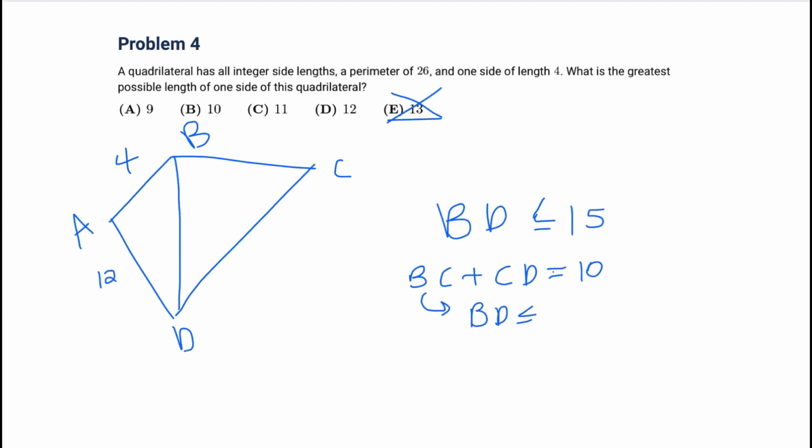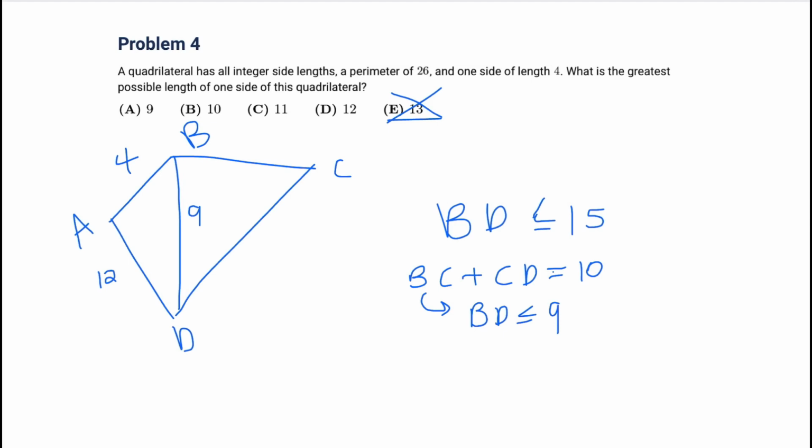So from here we can deduce that BD is less than or equal to 9 because of the triangle inequality on BCD. So if we have BD equals 9, then we know that ABD satisfies the triangle inequality because 4 plus 9 is larger than 13, and the other two inequalities are satisfied too. And if BD is less than 9, it doesn't work, but we know that BD equals 9 does work.